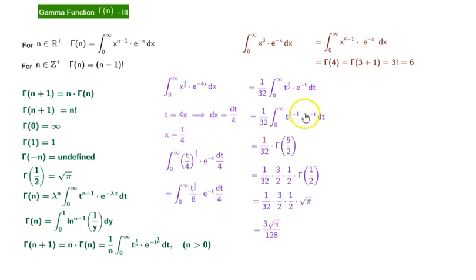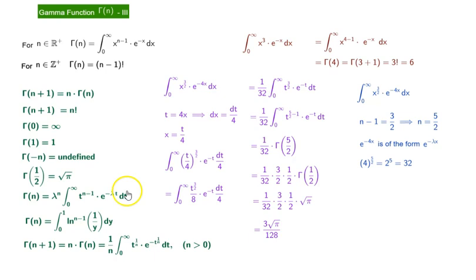Now instead of doing all this, what we could have done, we could have just taken n minus 1, because we require, as part of the standard definition, x to the power of n minus 1 should be equal to 3 by 2, which means n equal to 5 by 2. E to the power of minus 4x is of the form e to the power of minus lambda x. And we already have an identity for that.